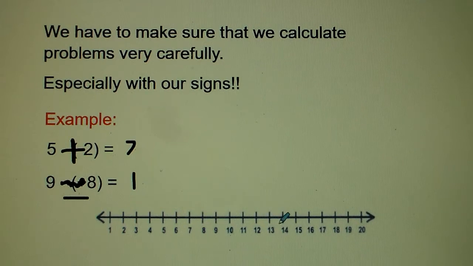And you could use a number line if you have some trouble here. So if we start at 9, and we subtract a positive 8, 2, 3, 4, 5, 6, 7, 8, you see you wind up at positive 1.